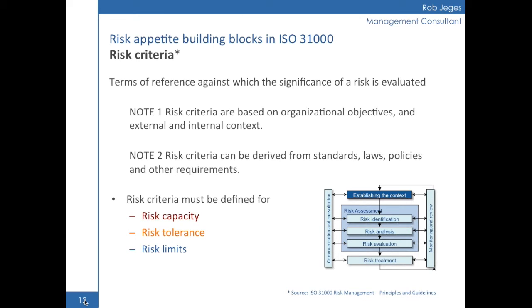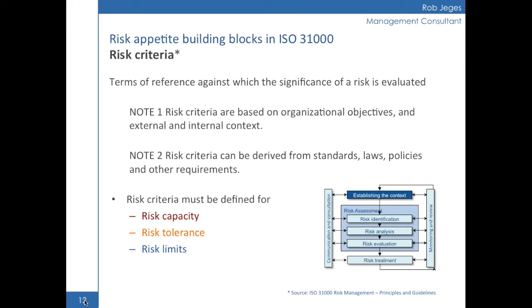So this fits nicely with the ideas of risk capacity, risk tolerance, and risk limits, because it's going to define the criteria for risk. We know that capacity is going to give us hard boundaries that we cannot cross without harsh consequences. Risk tolerance gives us something to work within, and risk limits help us manage that. So risk criteria is really the container for these concepts.